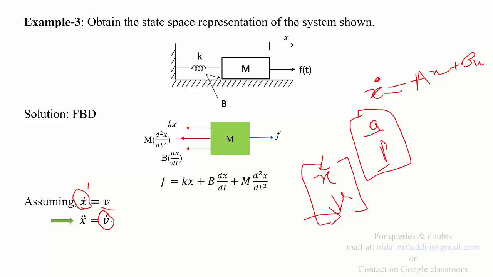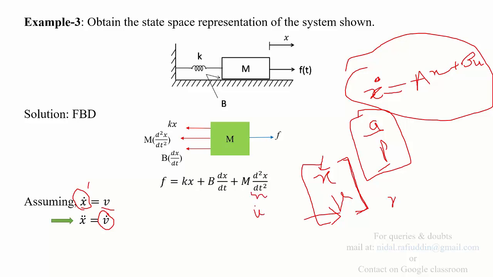So we will write the same relation of x dot equal to A x plus B u, where x corresponds to the vector accompanying x and v. Since x dot is equal to v, what about v double dot? Sorry, we are not going to write v double dot because you don't have a third order differential equation here. So you have x double dot, which is v dot.